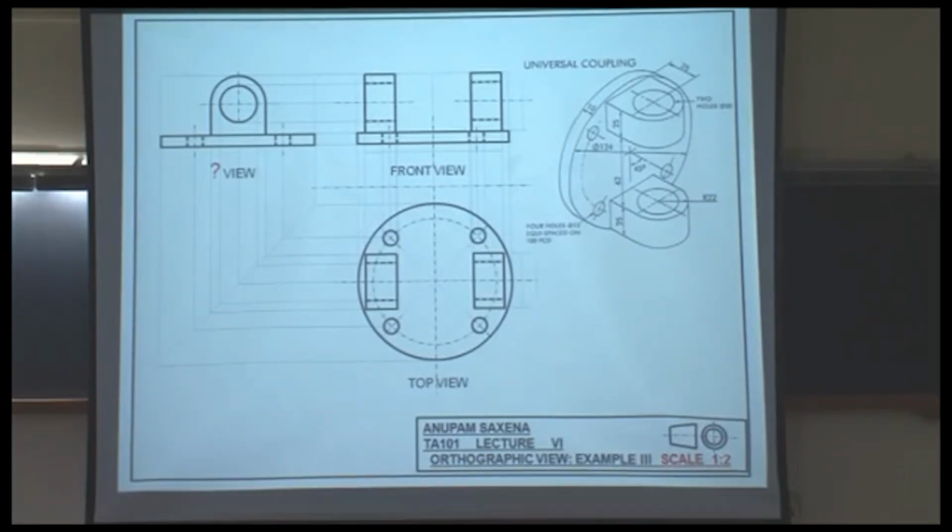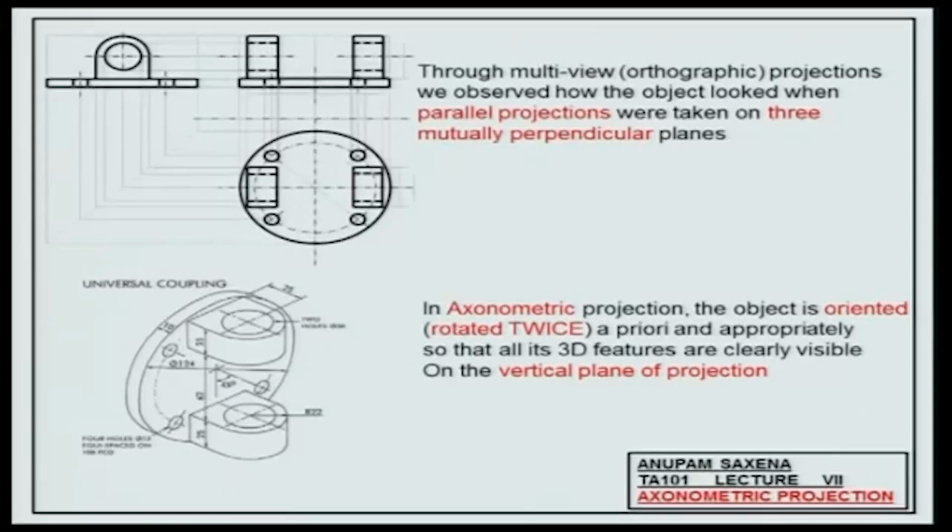And I plan to bore you guys today with a lot of math. Well, if not a lot, then a little bit. So let me read what's written there. Through multi-view orthographic projections, we observed how the object looked when parallel projections were taken on 3 mutually perpendicular planes.